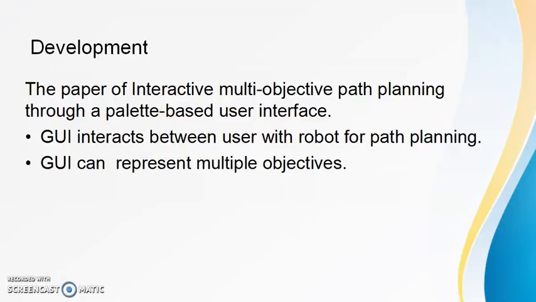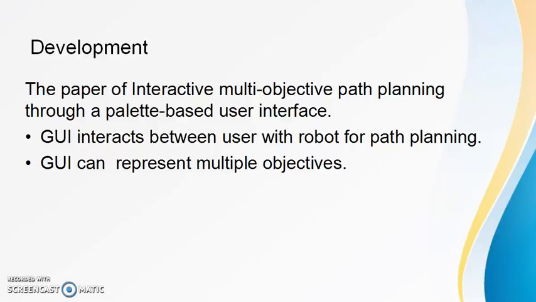Next is the paper Interactive Multi-Objective Path Planning Through a Palette-Based User Interface. This paper is basically about the GUI. The GUI is used for the user to interact with the robot for path planning, and it also allows the user to test the path before applying it to the robot.